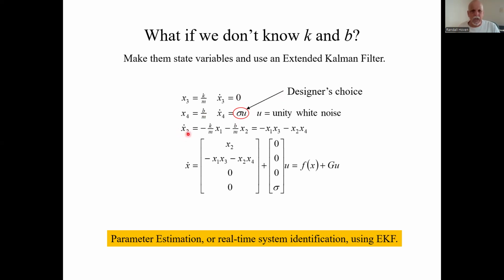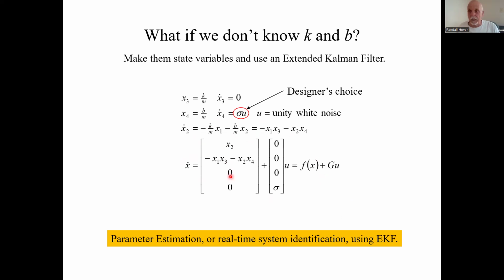Then X2 dot, which was this in the linear situation, now these guys are more state variables. So here it is all in terms of the 4 state variables. So here is our state space representation of our new system.